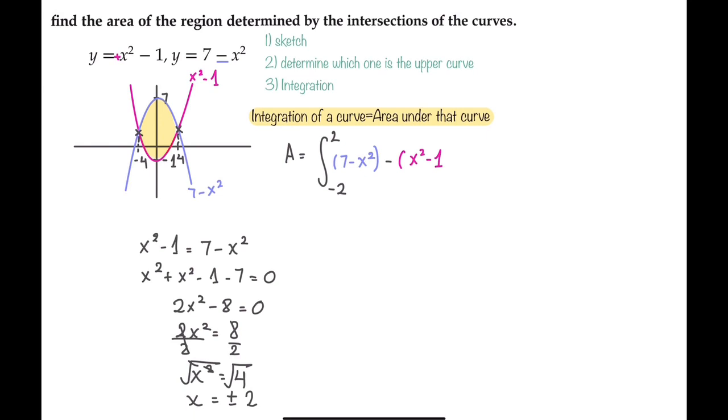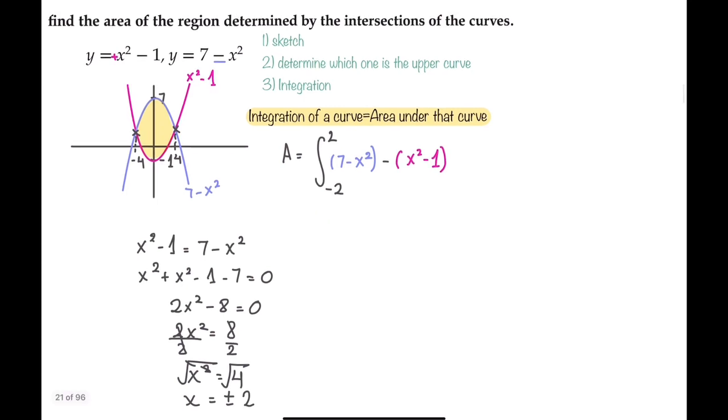And now let's just find the area using integration. So the best thing to do is to actually simplify these two equations. So we'll have from -2 to 2, and then 7 minus x squared, and then this minus will go to both x squared and -1. So we will have -x squared plus 1.